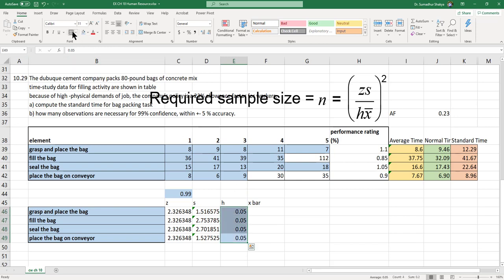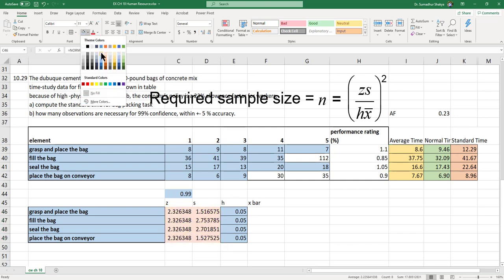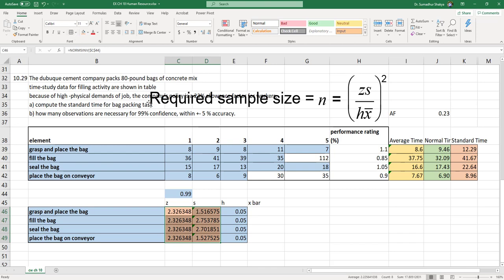So I'm going to color them accordingly. These numbers are all calculated, so I'm going to color them differently. And then X bar, we already have it calculated. This would be our X bar. Okay, so let me bring these numbers here.